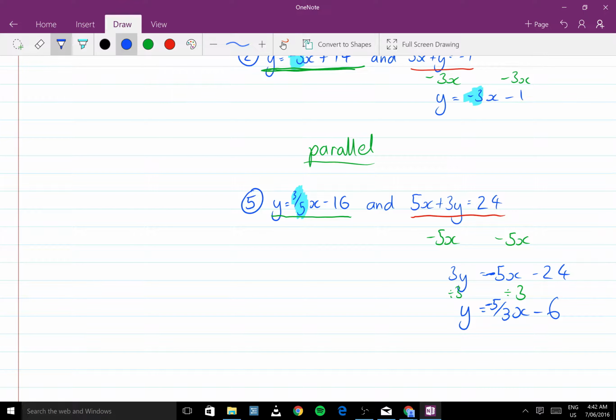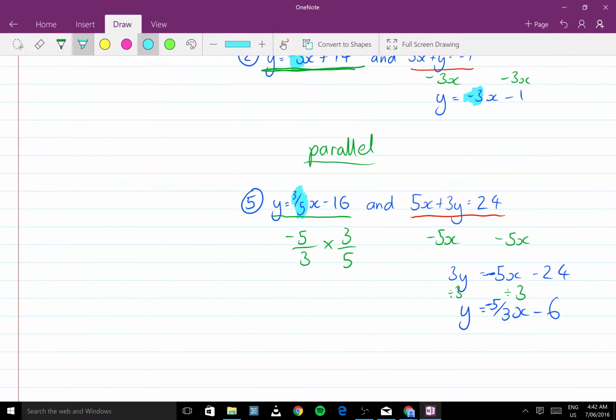Okay, so next step is to times them together, because minus 5/3 is not the same as 3/5, but minus 5/3 times 3/5.